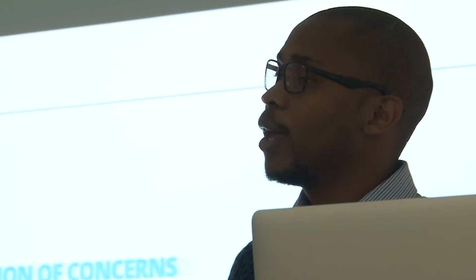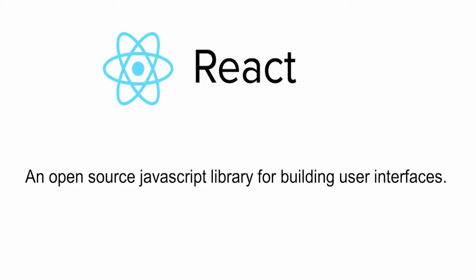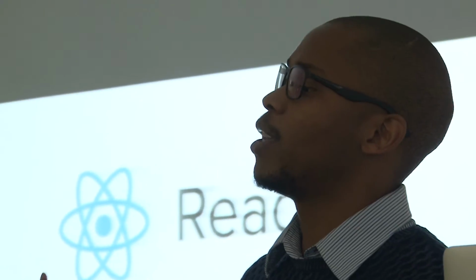But we don't think of web applications as a collection of templates anymore. Instead, we think of web applications as a single page container that renders our different components. So coming to React, what is Reactjs? So Reactjs is a JavaScript library developed by Facebook for building user interfaces.